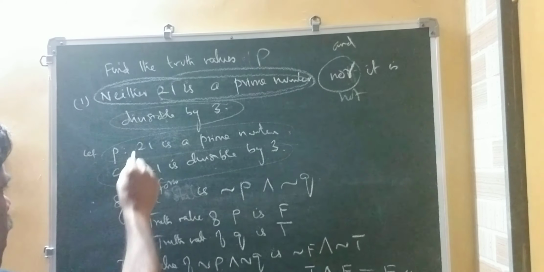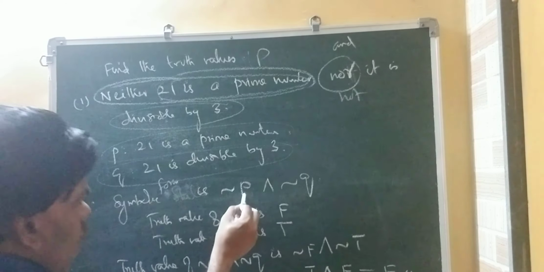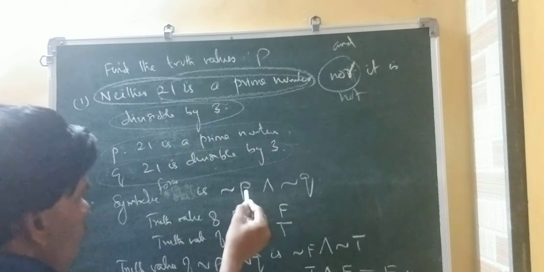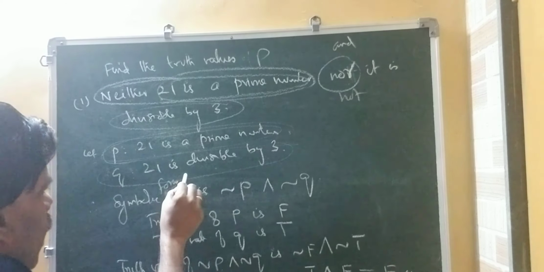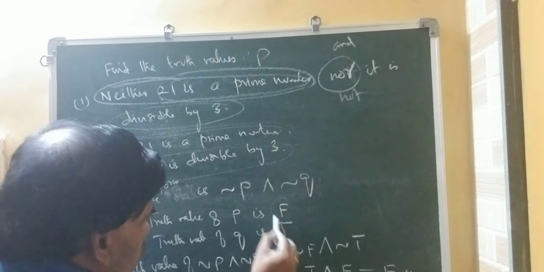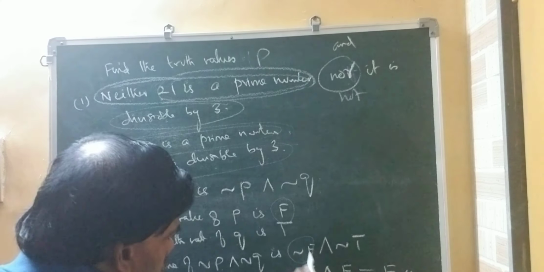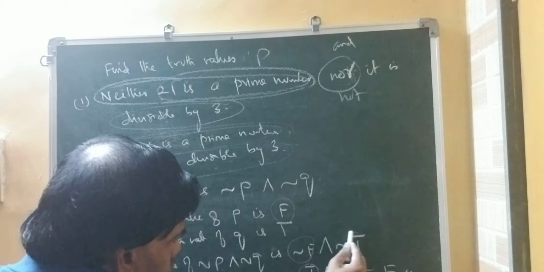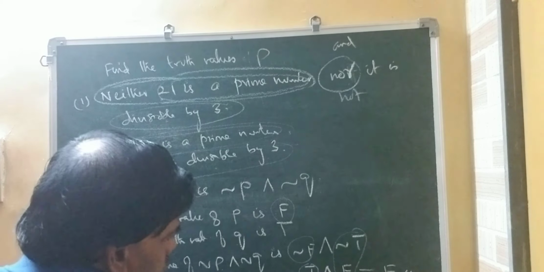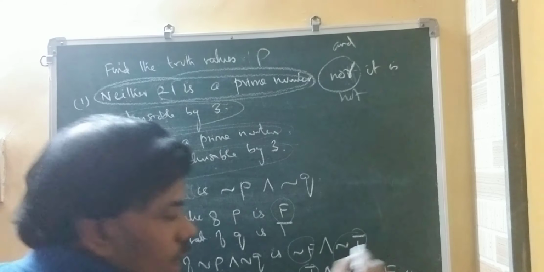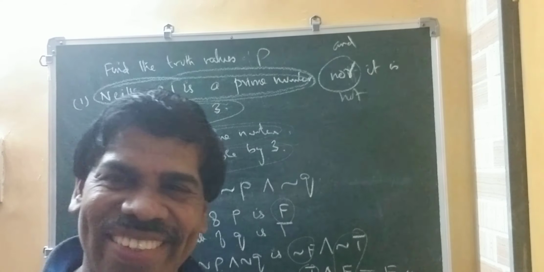So, you have taken P and then Q. Symbolic form is negation of P and negation of Q. But what is the truth value of this? P is false, Q is true. So, negation of false is true. Negation of true is false. But what does the truth table say? T and F is F. That's all. Okay? Right.